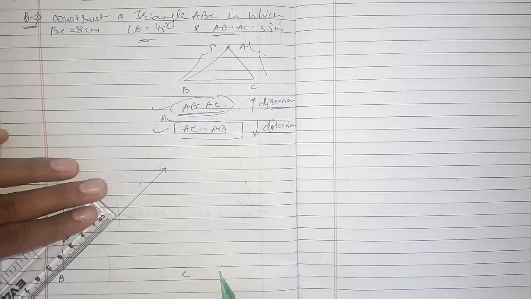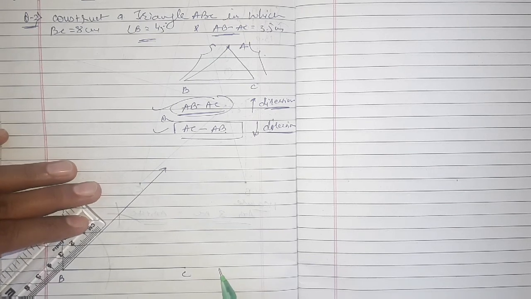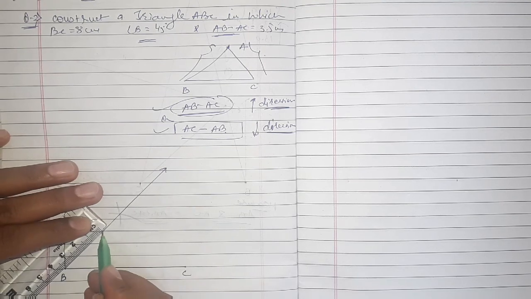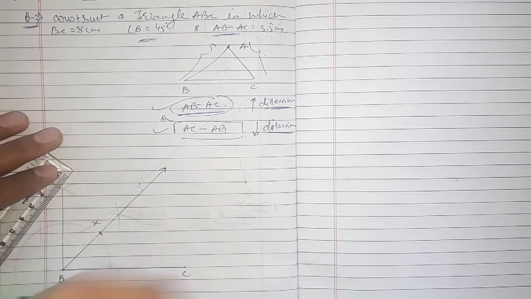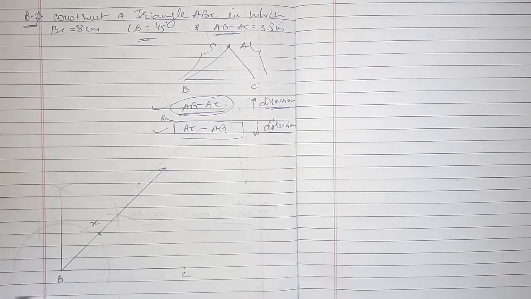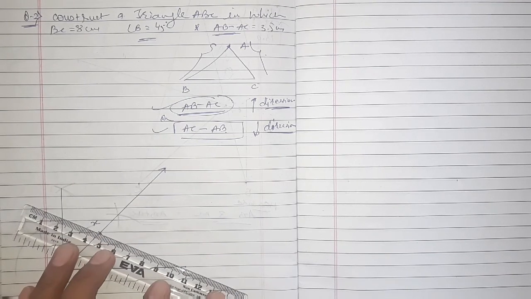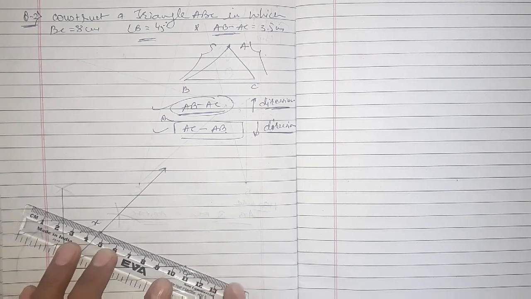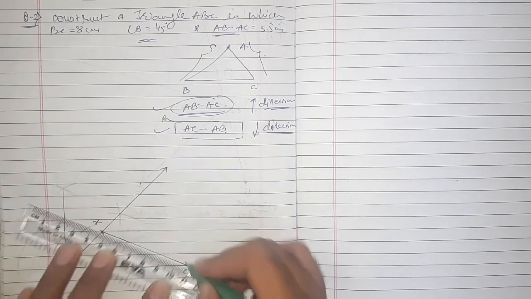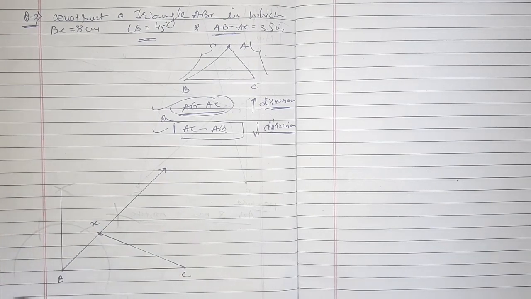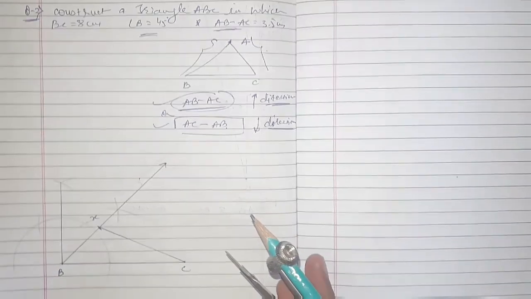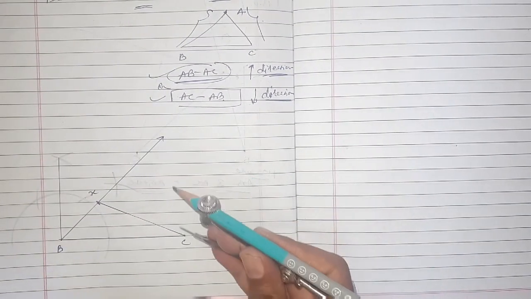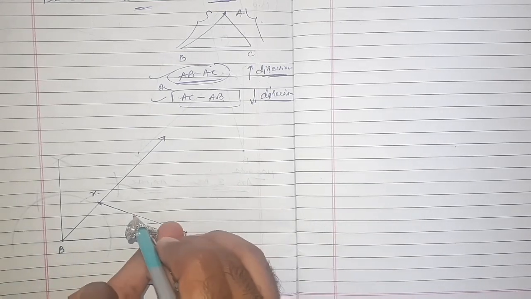This is my 3.5 centimeter point, and I'll name it X. Now join X with C. Again draw the perpendicular bisector of X and C. So take more than half.